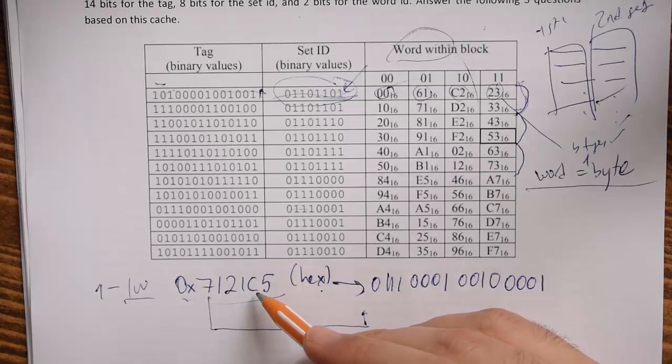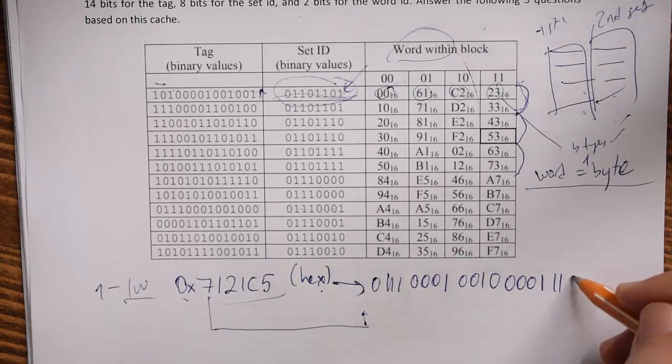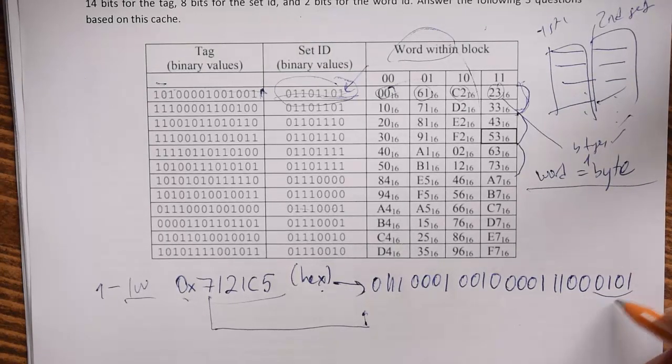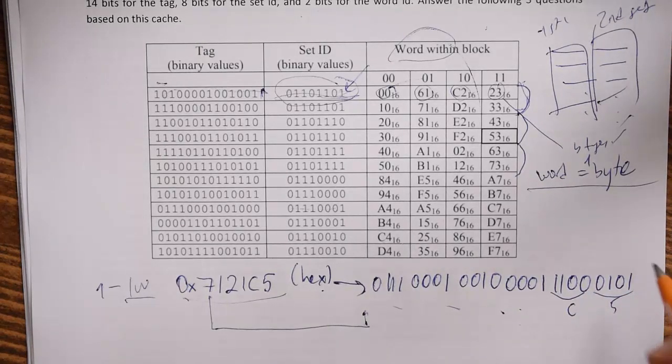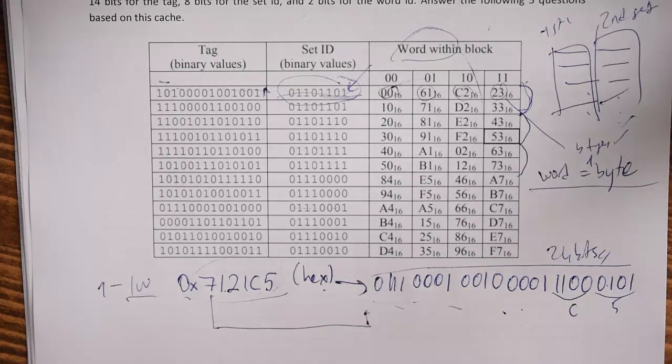And then we have C, which is given by 1100, and then finally we have 0101, which is 5. So we actually translate it into 24 bits, 6 multiplied by 4, a 24-bit long address.